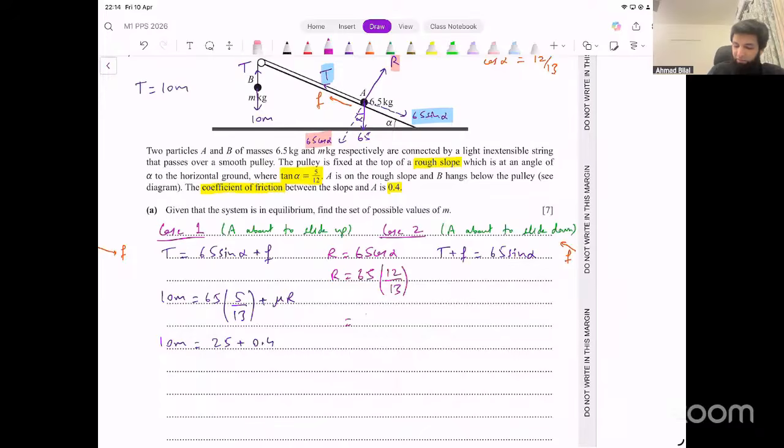That will be 12 into 5, which is 60. So the value of R is 60. That's going to be the same for both cases. So it becomes 0.4 into 60. And that will give you one value for M. You can see what that is.